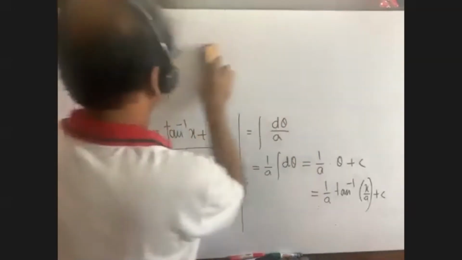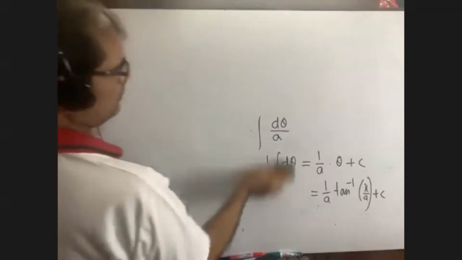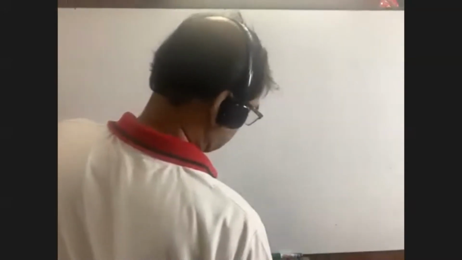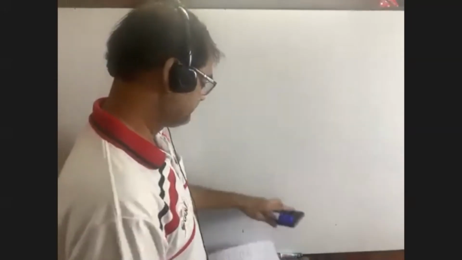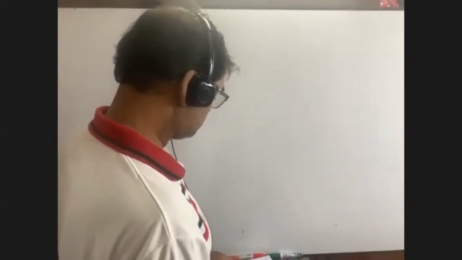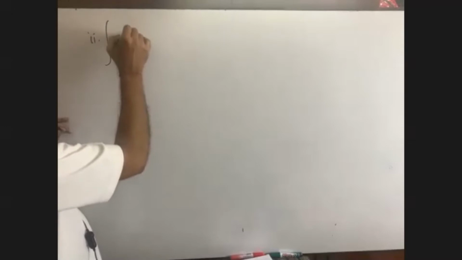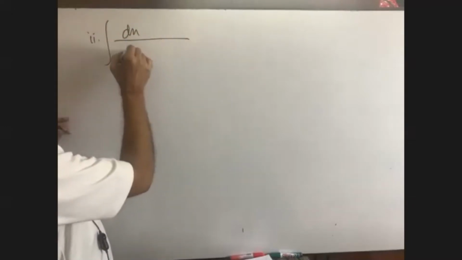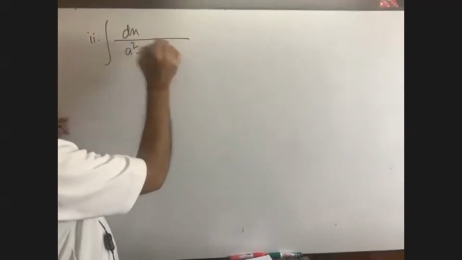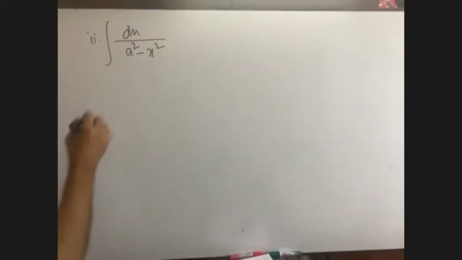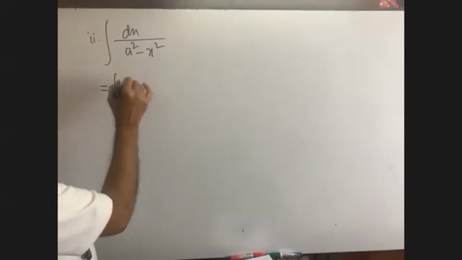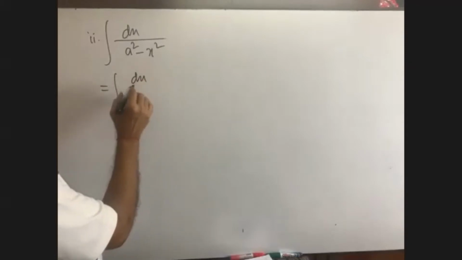Yes sir. We have some other formulas like this. I am going to show those formulas. Formula number 2: dx by a square minus x square. Okay, that's good. You see, this can be done in 2 ways.